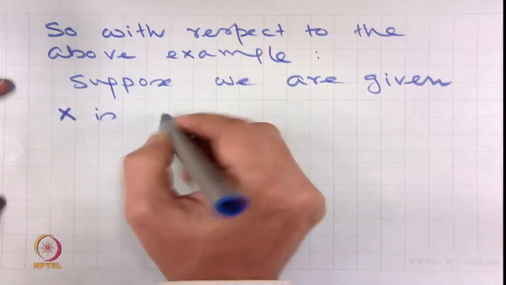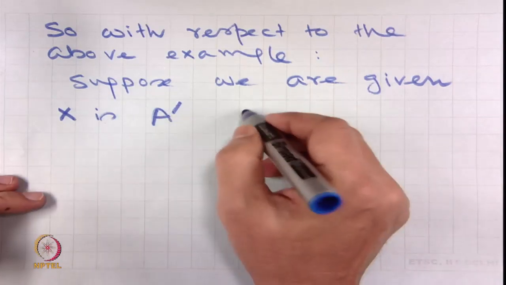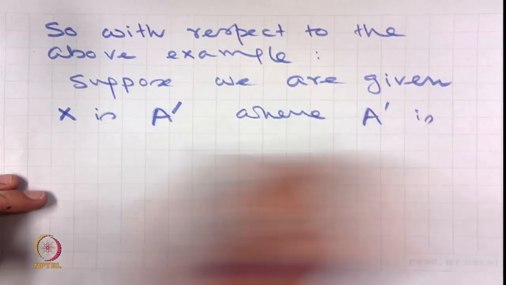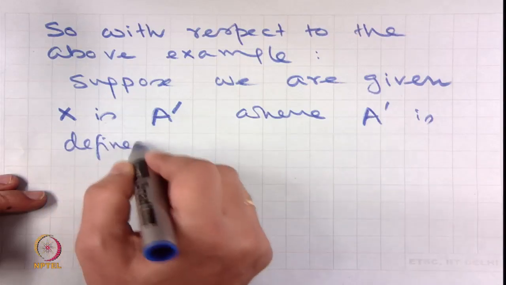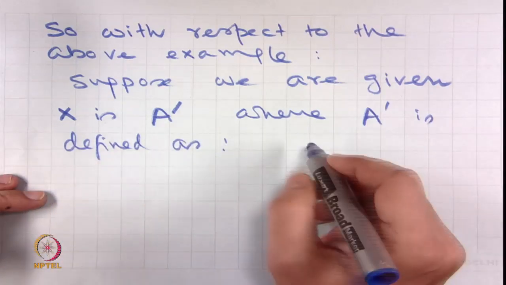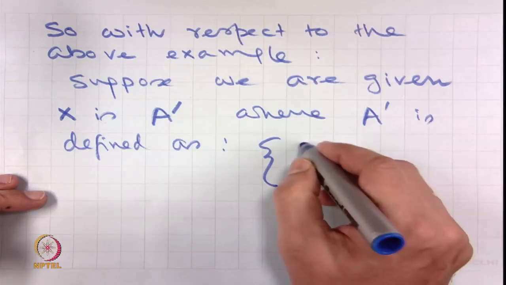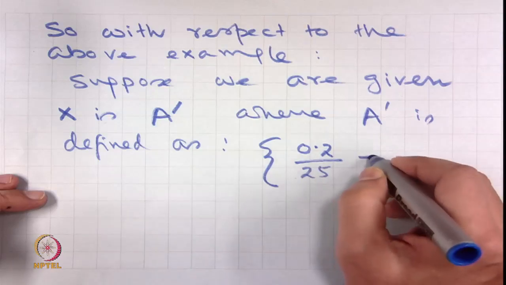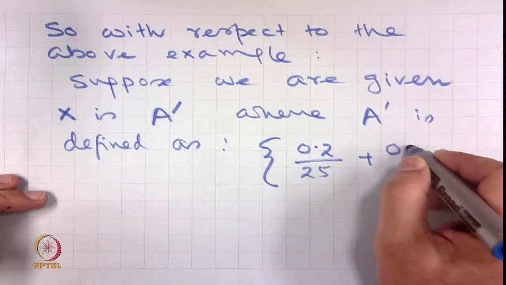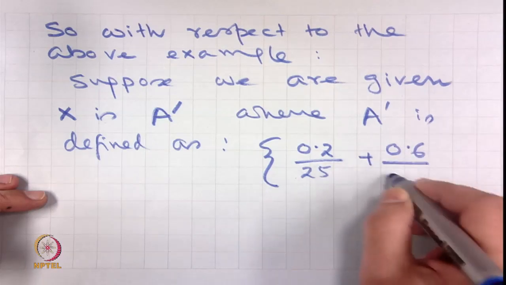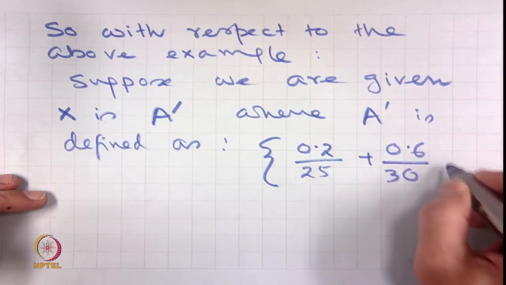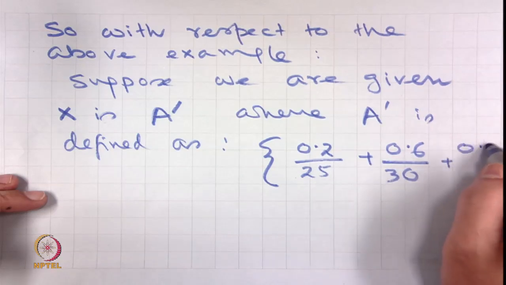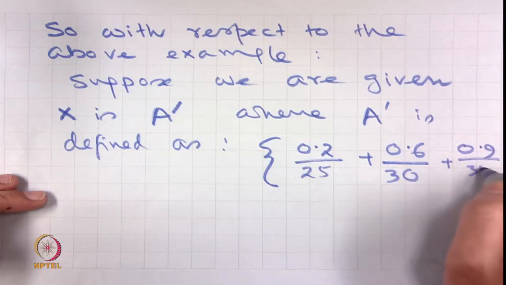x is A prime, where A prime is defined as 0.2 for 25 plus 0.6 for 30 and 0.9 for 35.